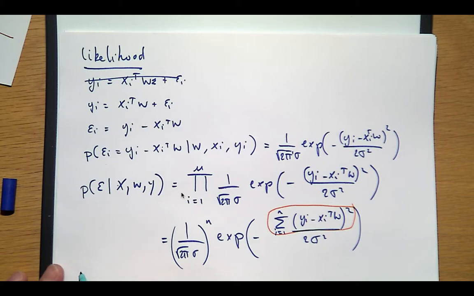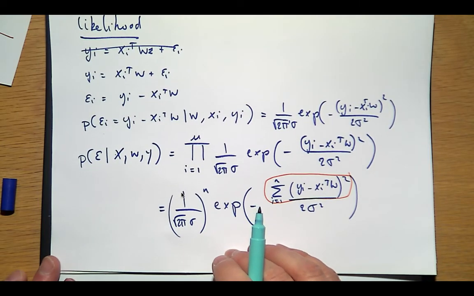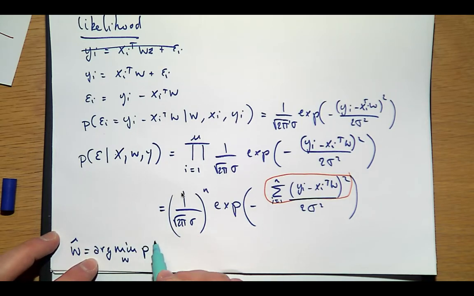And therefore, if you try to find W hat that basically maximizes the likelihood, so that's called the maximum likelihood.